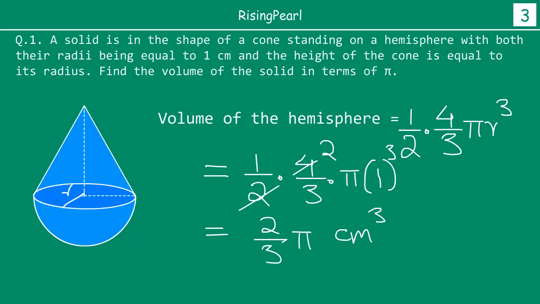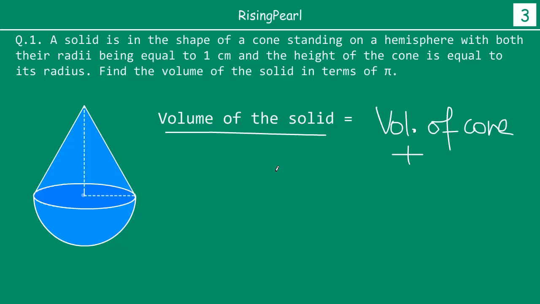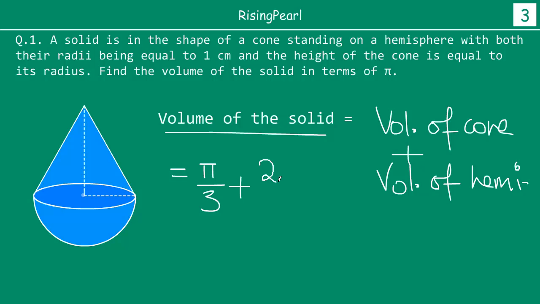Now if you find the volume of the solid, it will be the volume of cone plus the volume of hemisphere. The cone was pi by 3 and the hemisphere was 2 pi by 3.